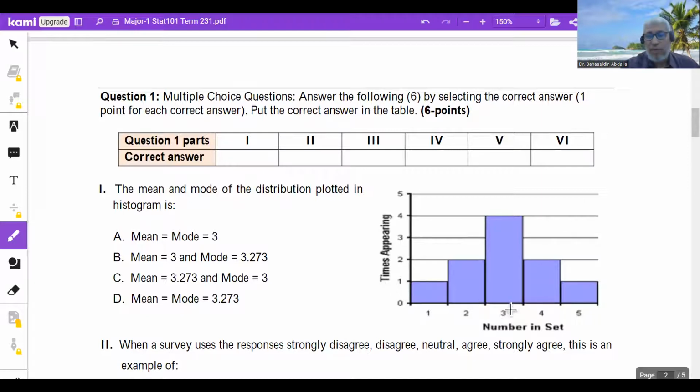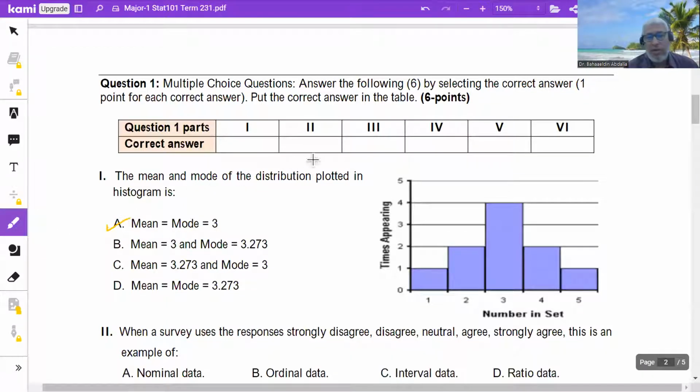So 3 would be the mode, and it's also the mean because the distribution is symmetric and mound shaped. So the correct answer would be A. The mean and the mode are equal to 3.